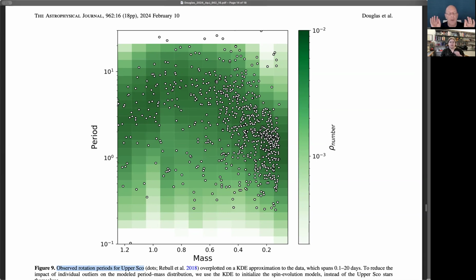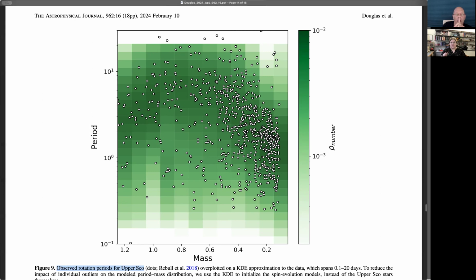You can see that the darkest regions of the model are that dark green, and that's underneath where we have most of the points. For everything in the future, when we show the model, we're just going to show that background 2D histogram, where the darker green indicates that the model is there.